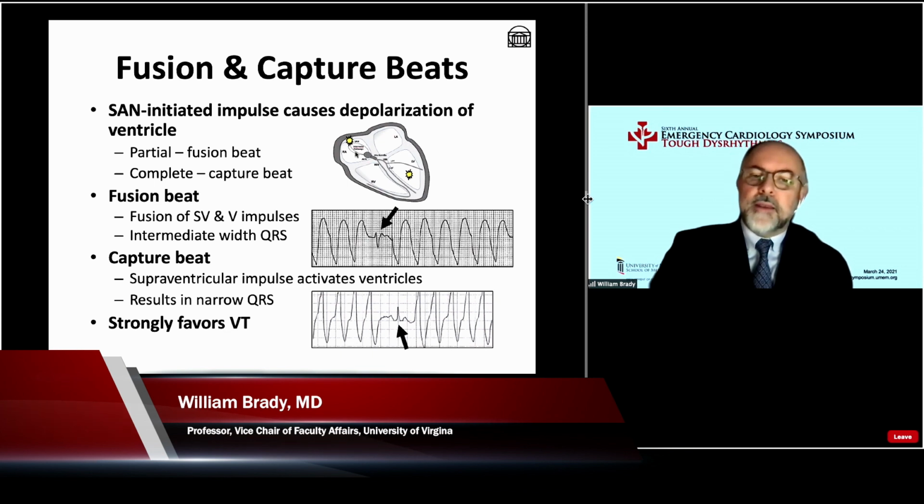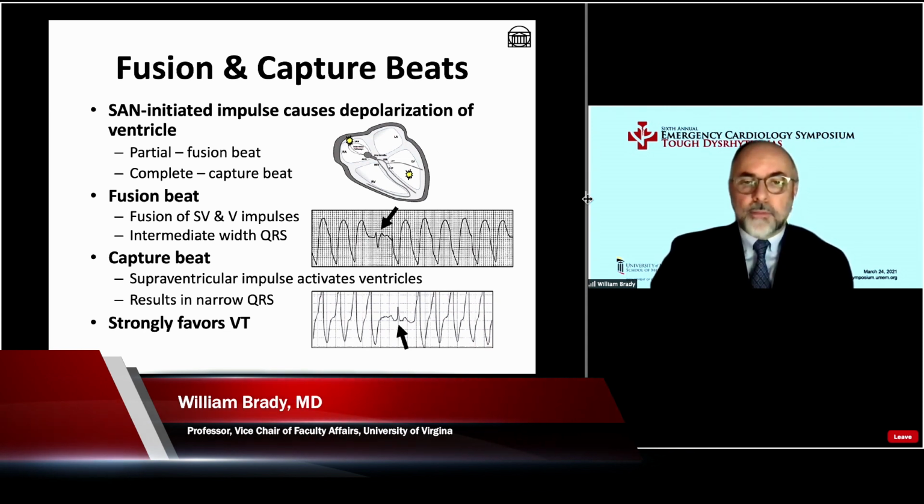A fusion beat is a supraventricular impulse, most of the time from the SA node, that makes its way through the atrial tissues into the AV node, into the ventricle, and causes ventricular depolarization at the exact same instant that the VT focus is causing ventricular depolarization. So these two depolarization waves fuse at the level of the ventricle and cause an intermediate width QRS complex.